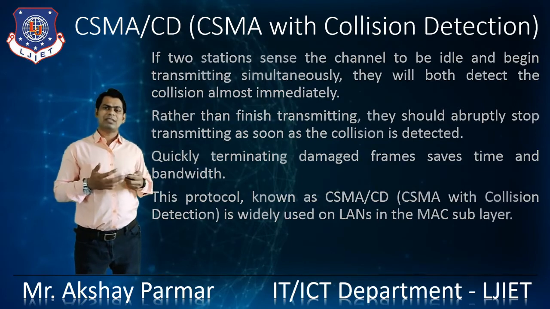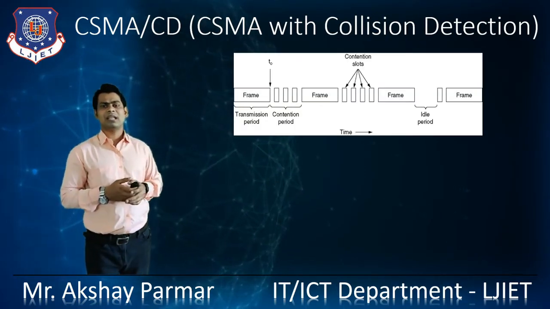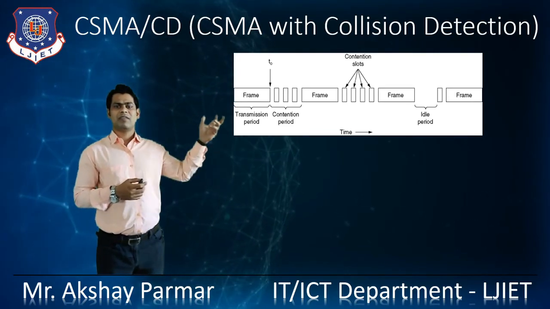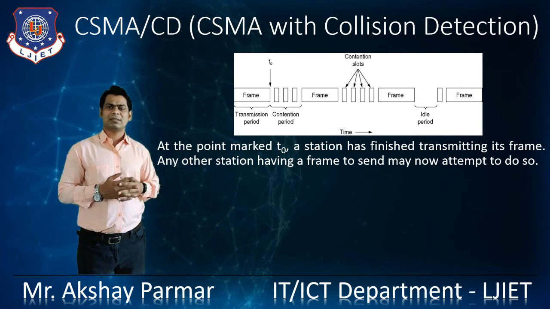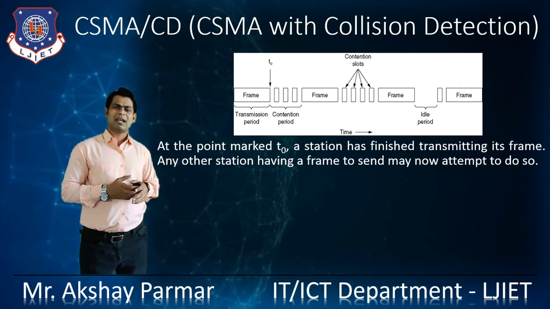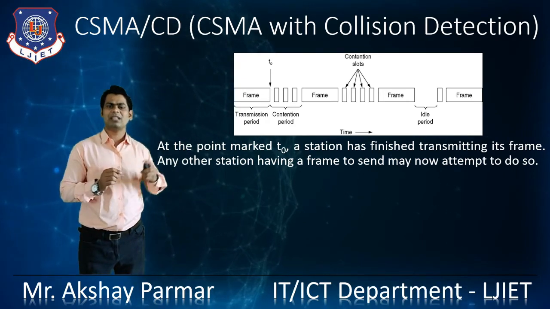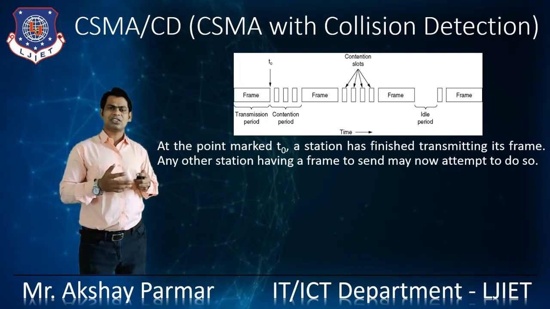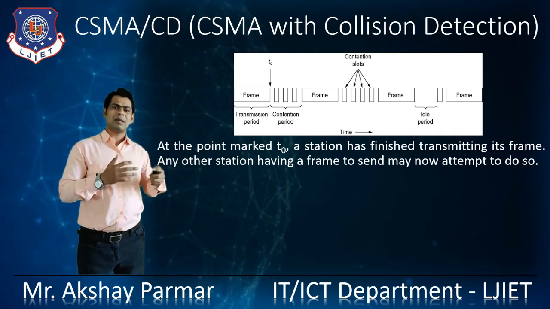So let's see how CSMA CD works. In that figure, you can see the transmitter and this is the frame, right? Here you can observe the diagram of the CSMA CD. At the point marked T0, a station has finished transmitting its frame. Any other station that has a frame to send may now attempt to do so.